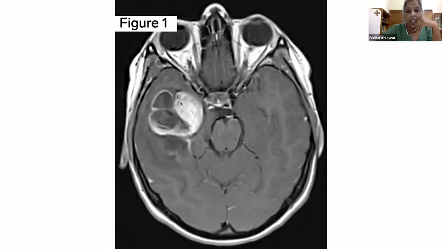Your differentials are ganglioglioma, pilocytic astrocytoma, and if it is in the posterior fossa, then hemangioblastoma is another differential. This is a cystic tumor with a solid nodule, and that too in the temporal lobe, which is a very common site for many of the glioneuronal tumors.